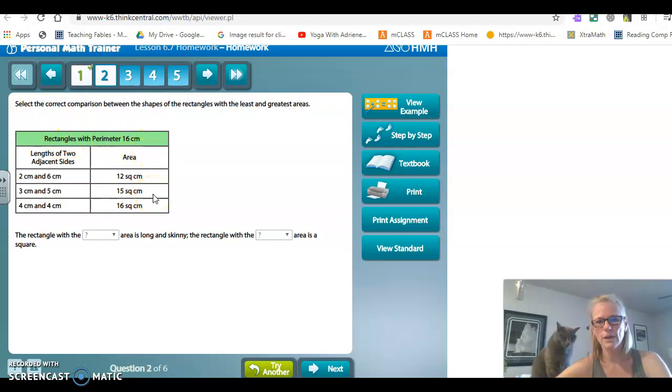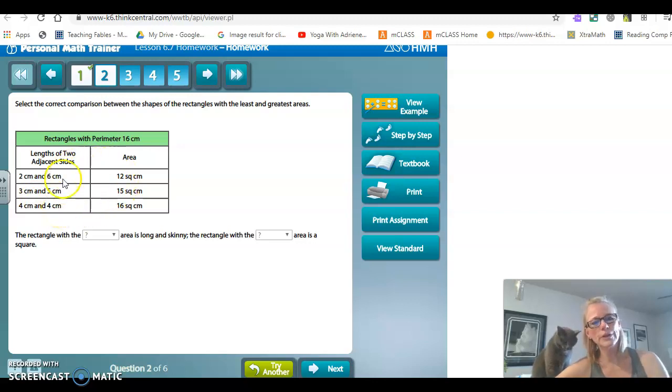Remember yesterday, we compared 3 different rectangles. They all had the same perimeter, but the area was vastly different. So these rectangles have the same perimeter, but they look different. I personally am a visual learner, so I would actually draw these rectangles out.